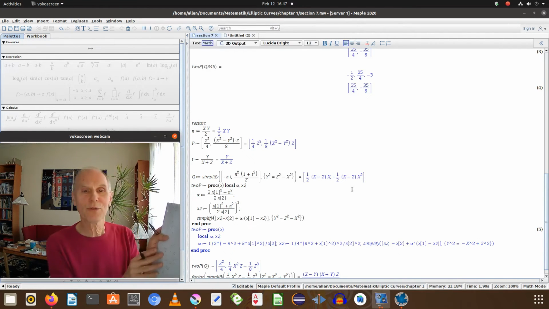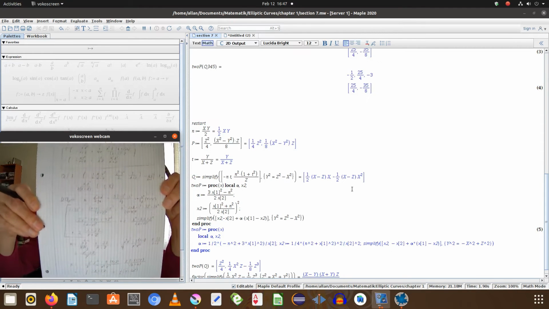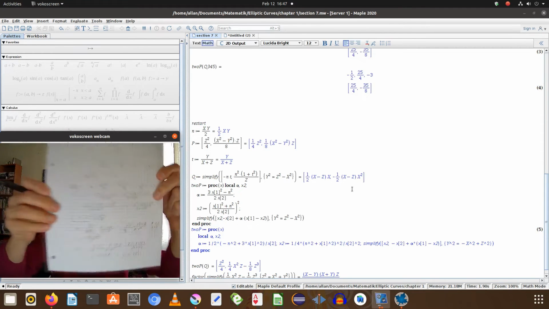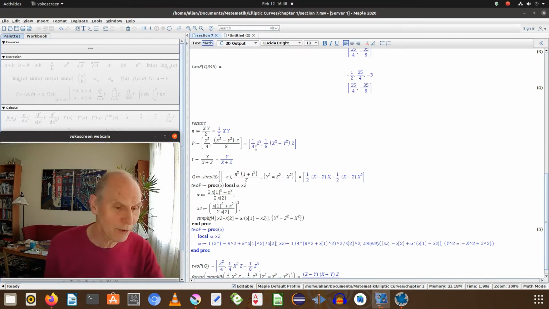Now, I did go through the work as I said I would, and in the end I understood it so well that I could have Maple do it, defining n and p and t, and we need not do that.